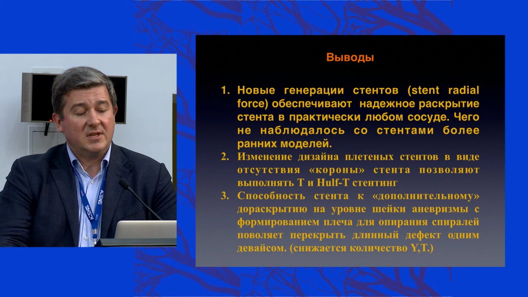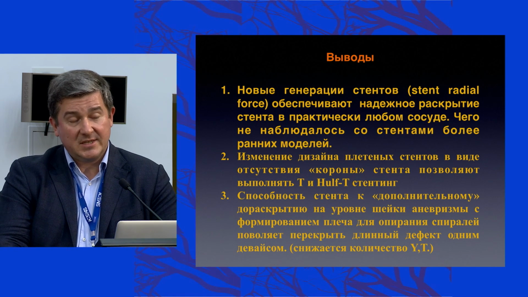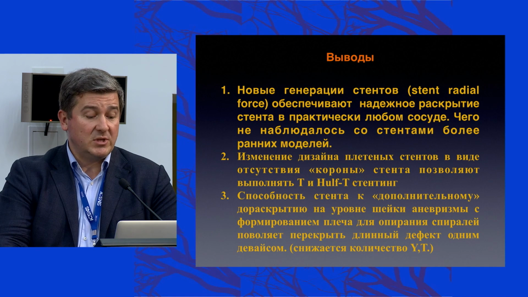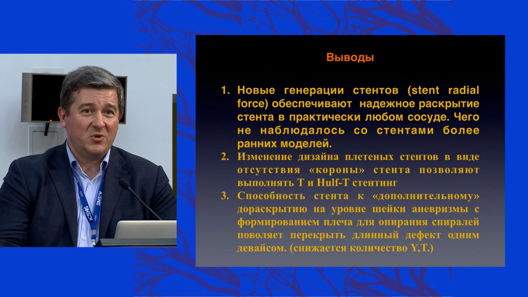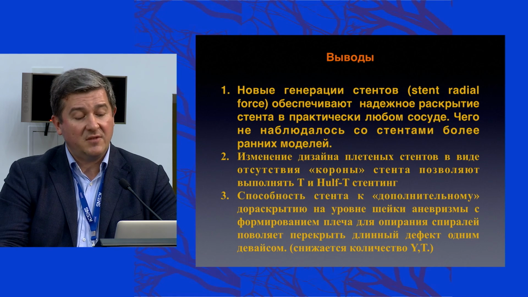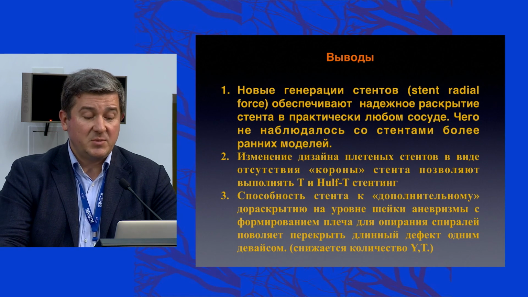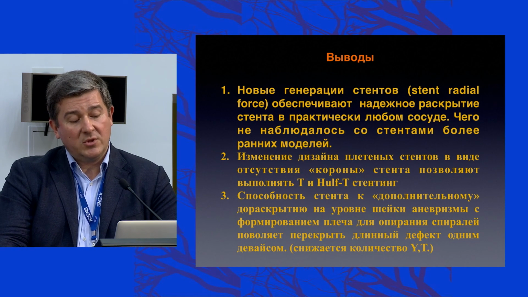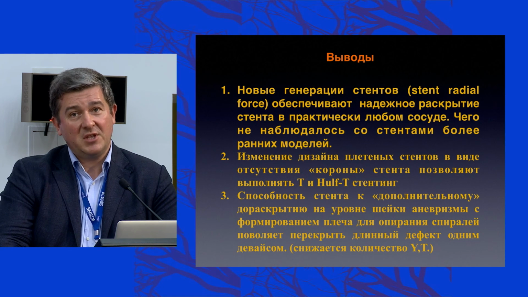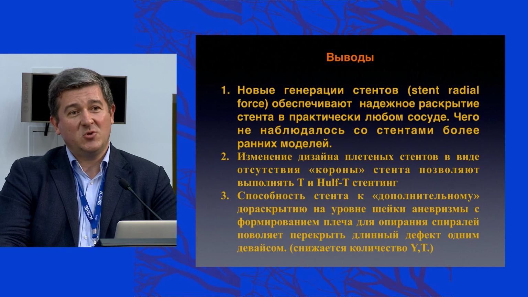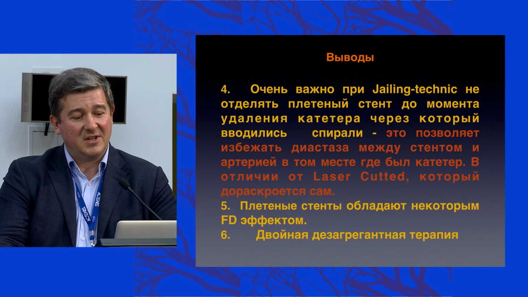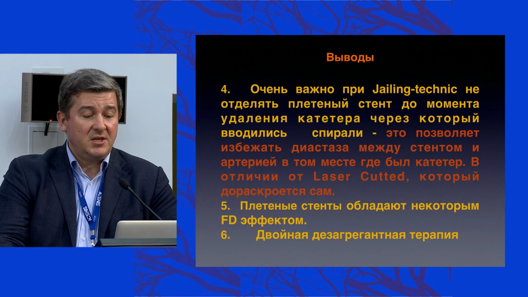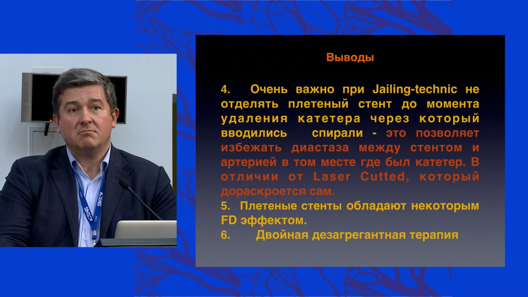Conclusions. The new stent generations do provide us a more reliable stent opening in practically any vessels. Changing the design of braided stents, in the absence of a stent crown, enables efficient T-and-a-half stenting. An ability of a stent for additional reopening at the level of the aneurysm neck and a branch development enables us to work with a single stent.